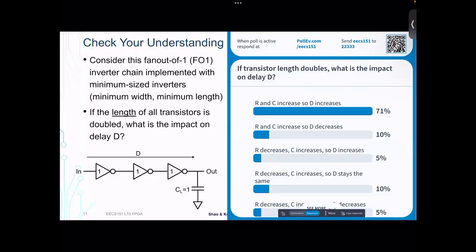And so for that reason, we almost always size our gates with minimum length transistors. And in fact, we almost often don't think about length as a possible sizing parameter, right? We just think about minimum length to make it as short as possible here. And then if we need it stronger, we make it wider.